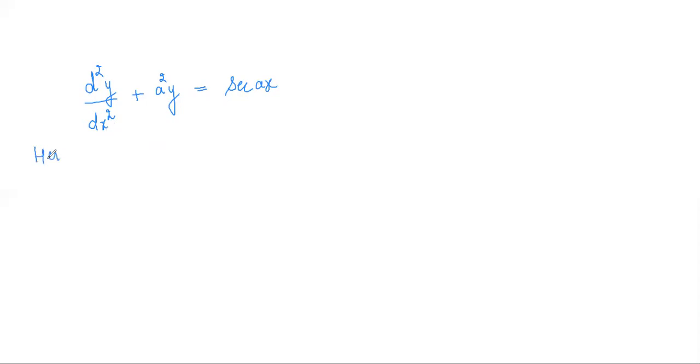Here, the auxiliary equation is m square plus a square equal to 0. This implies m will be equal to plus minus a iota.